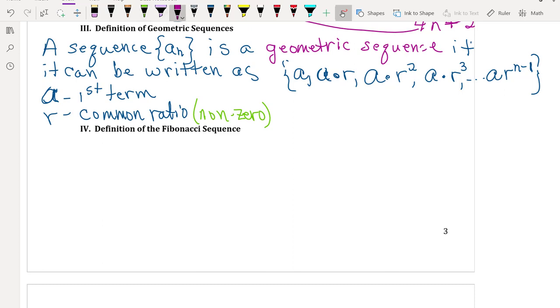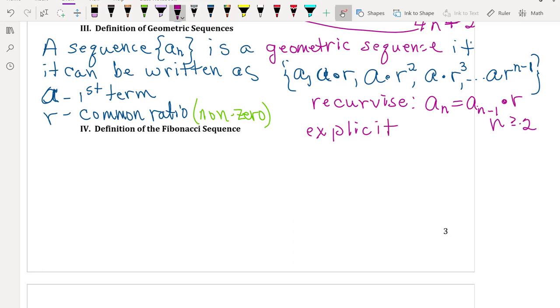So then we have a recursive formula, which is shown as the first couple terms, and that's a sub n equals a sub n minus 1 times r, and of course that's for n greater than or equal to 2. And then our explicit formula is a sub n equals a times r to the n minus 1.